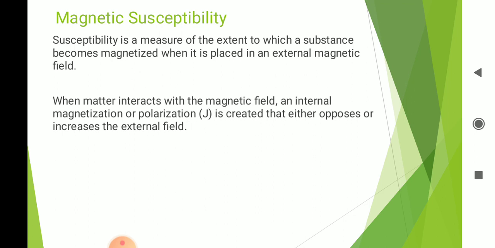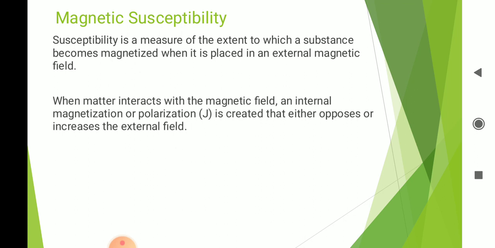So magnetic susceptibility, denoted by the Greek letter chi, is defined as the magnitude of the internal polarization J divided by the strength of the external field B0.